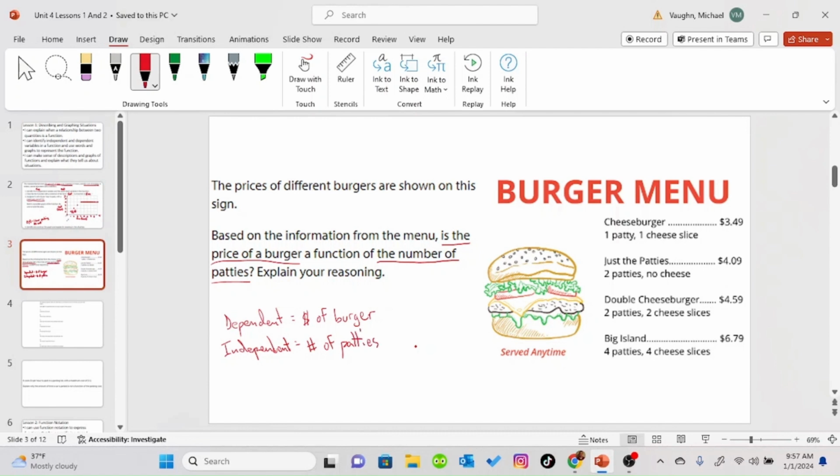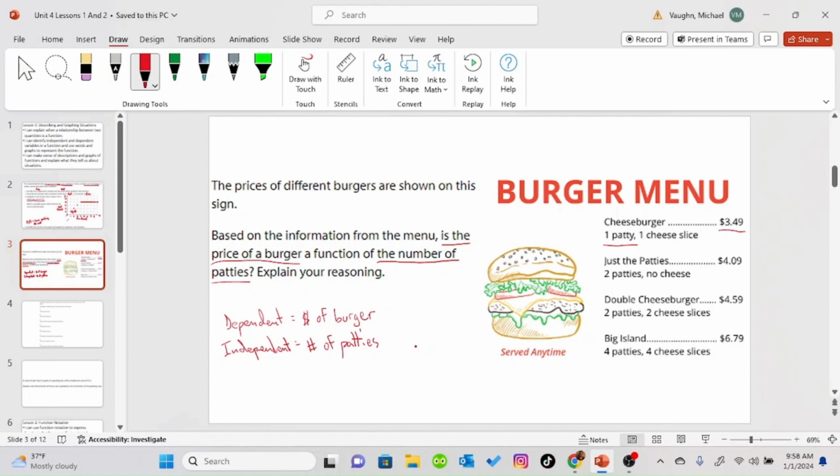For something to be a function, that means for every input, there can only be one possible output. Or for every independent variable, there can only be one dependent variable. So if we look, we have one patty, that's my independent, and I have $3.49. That's my dependent.